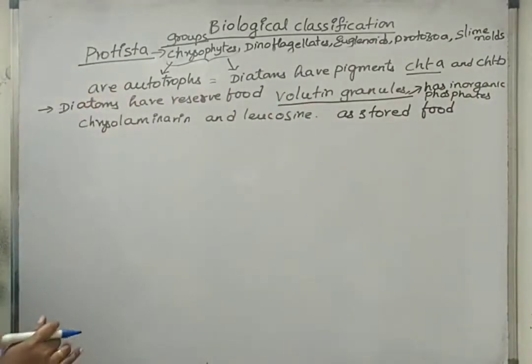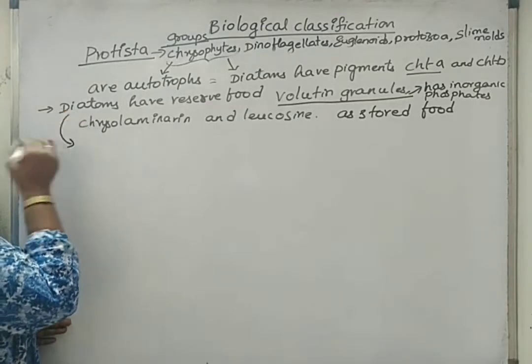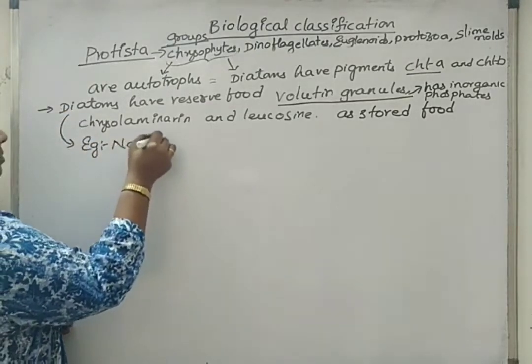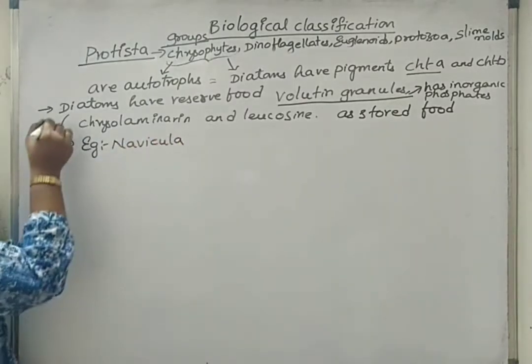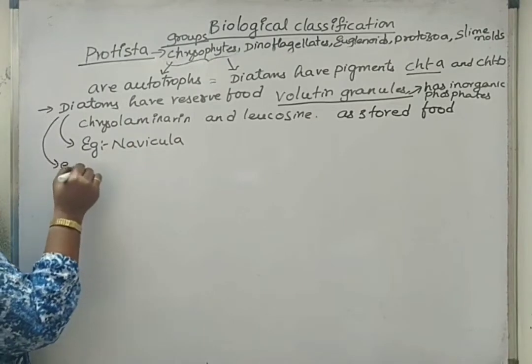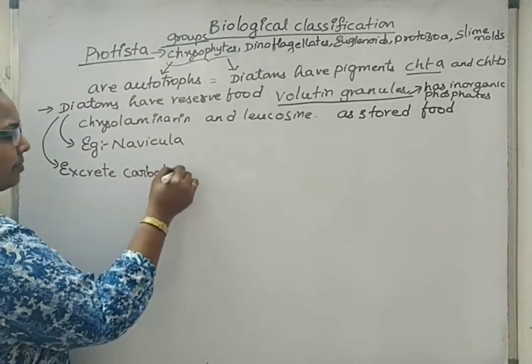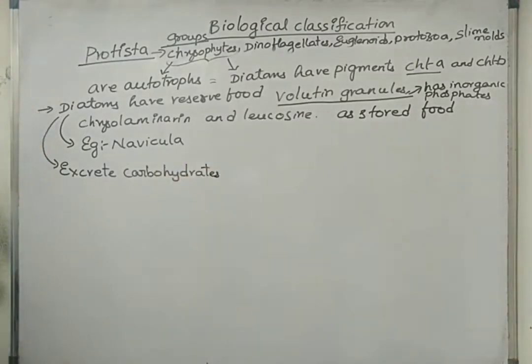So, one example for diatoms is Navicula. Diatoms excrete carbohydrates in large quantity.